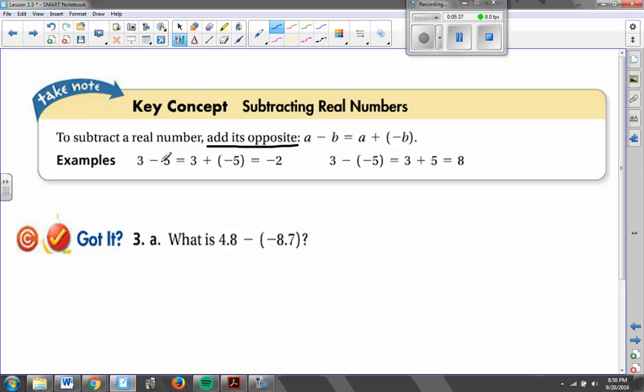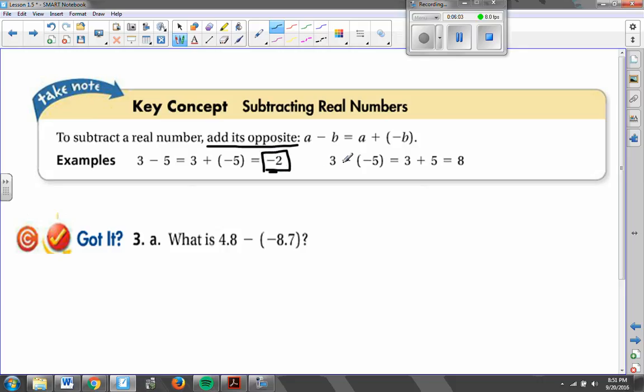So I've changed the subtraction problem to be an addition problem, and now I'll use exactly what I did on the previous page. So 3 plus negative 5 has different signs, a positive 3 and a negative 5, so I'll subtract them. 5 minus 3 is 2, and the negative sign is on the bigger one, so it's a negative on my answer as well, negative 2.